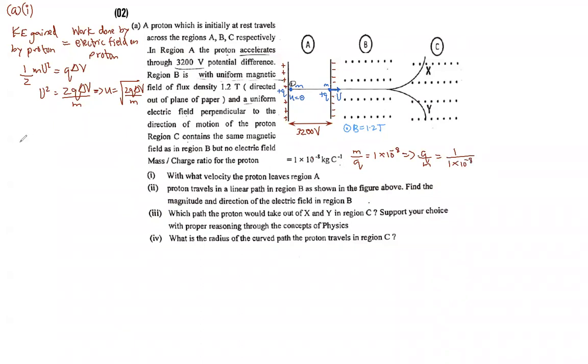So u is equal to the square root of 2 into delta V, the voltage, that is 3200, into 1 over 1 into 10 to the power minus 8. Is that clear, everyone?